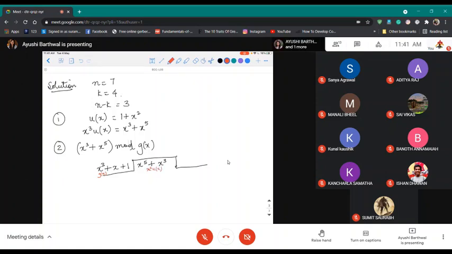So you have to find the quotient and remainder. The first term is you have to multiply g(x) by x square. So you will get x5 plus x cube plus x square.